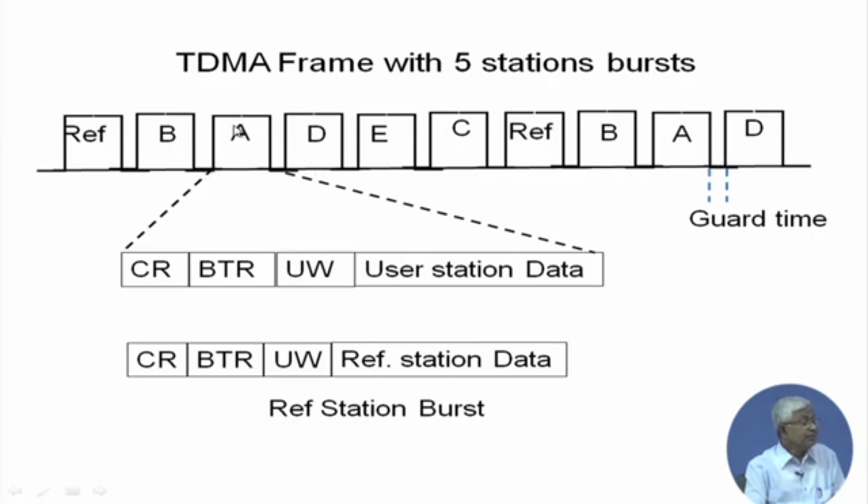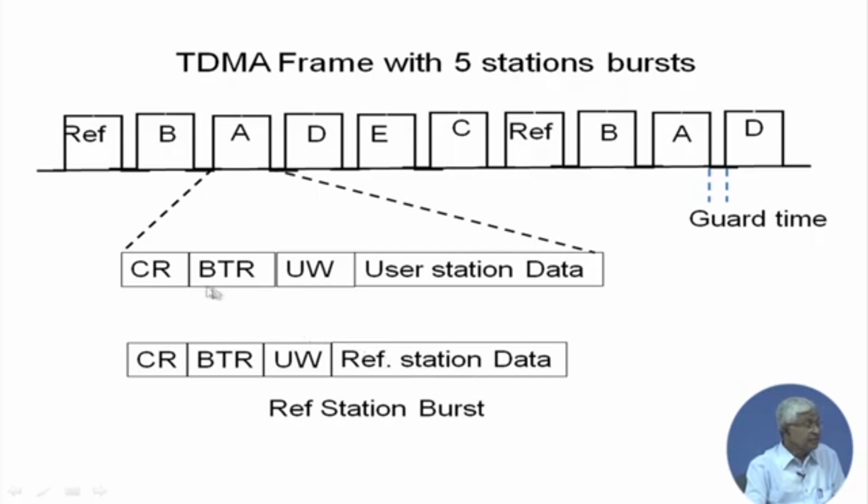Each individual station burst has information like carrier recovery time CR, bit timing recovery time BTR, unique word is there, then user station data is there, actual data is sitting here. Similarly, the reference burst, which says that this is the beginning of the frame, may have a CR, BTR, unique word, reference station data if it has to transmit data meant for all others.